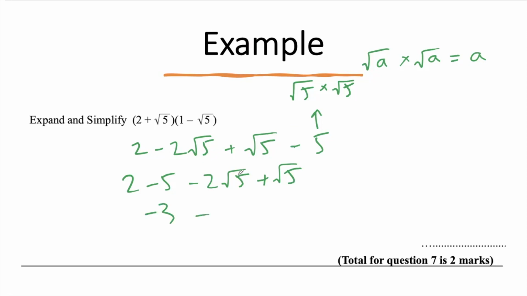And minus 2 root 5 plus root 5, so now this is like minus 2x plus x. By default, you can put a 1 here, right? So minus 2x plus 1x is minus 1x or minus x. So minus 2 root 5 plus root 5 would be minus root 5. So the final answer is minus 3 minus root 5.